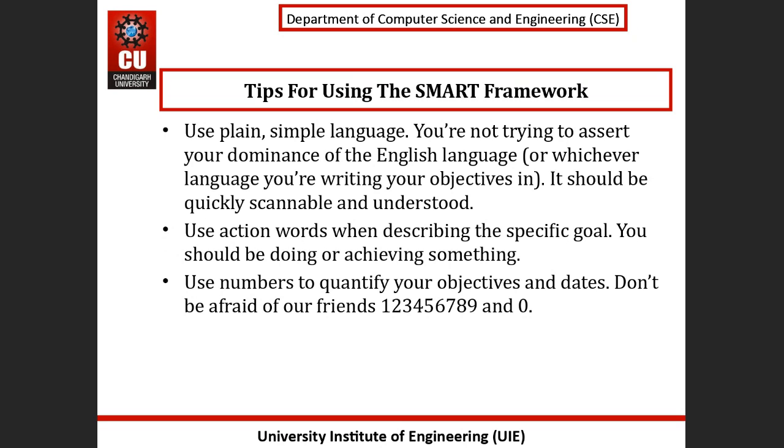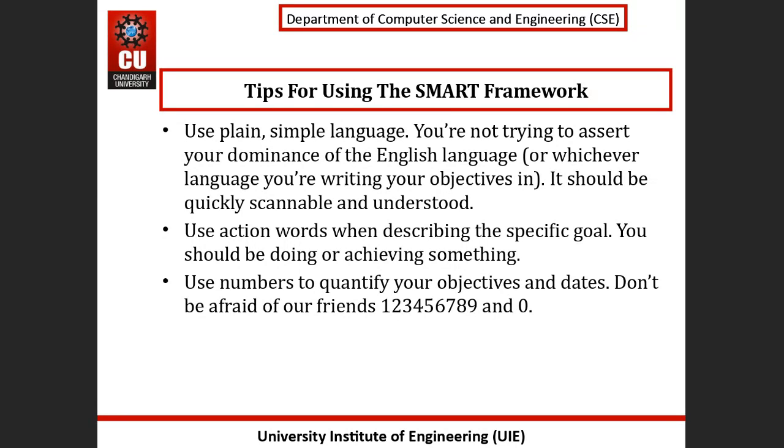Use plain and simple language while setting our objectives. There is no need to show off knowledge of any language, whether English or any other language. You're not trying to assert your dominance of the language you are writing your objective in; it should be quickly scannable and understood.